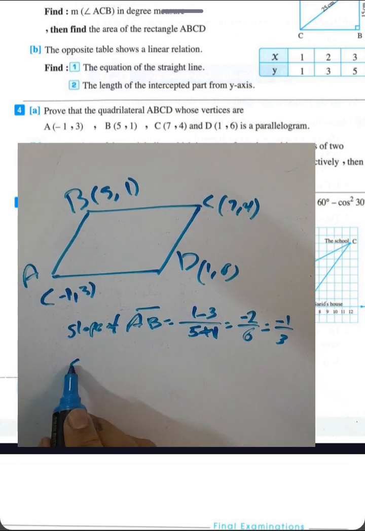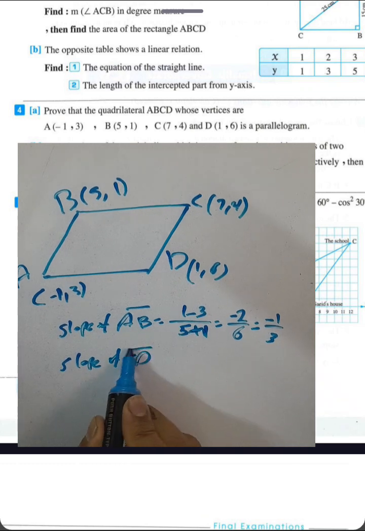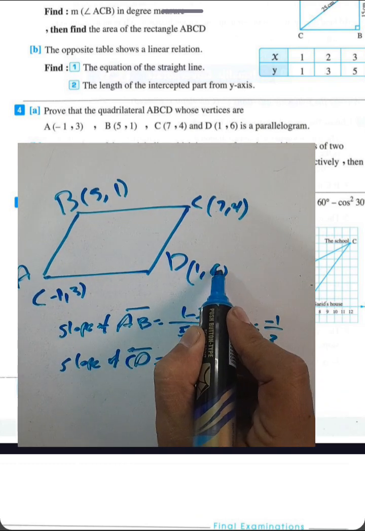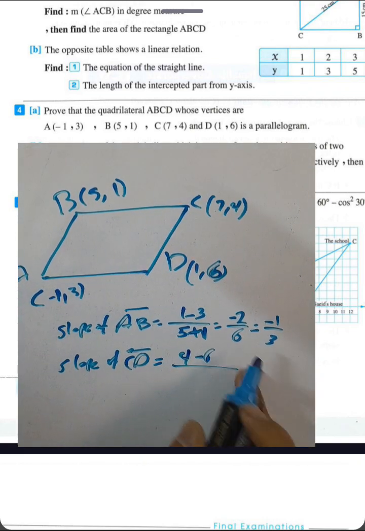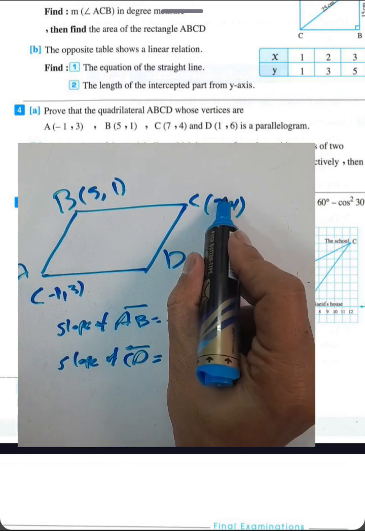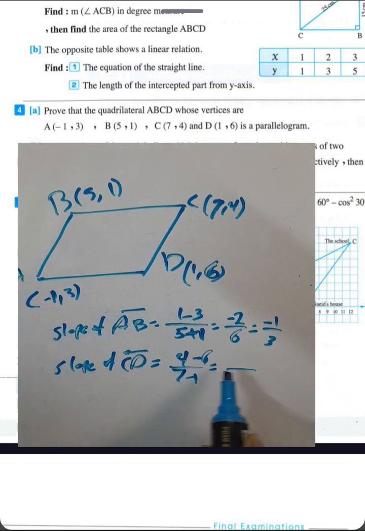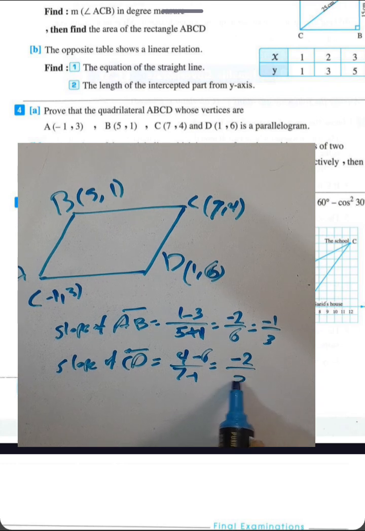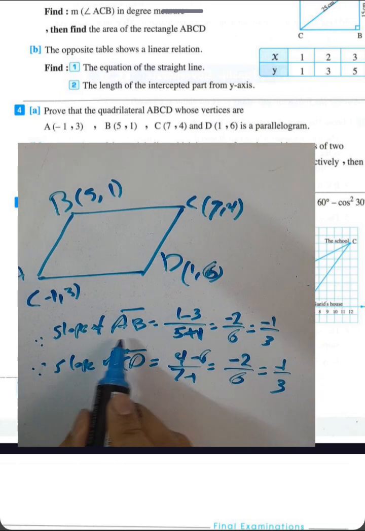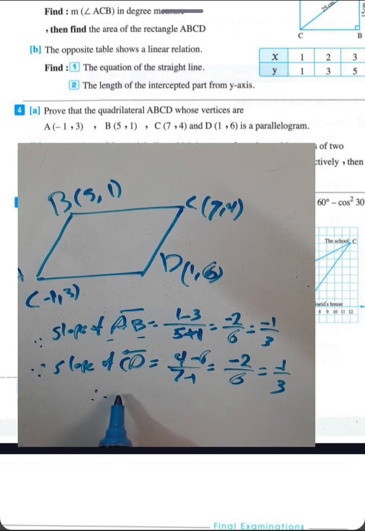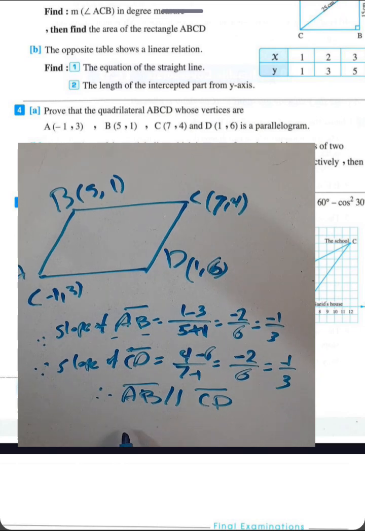And the slope of CD, we have (1, 6) here, 4 minus 6 over 7 minus 1, negative 2 over 6, the result will be negative a third. Then such that slope AB equals slope CD, AB will be parallel to CD.